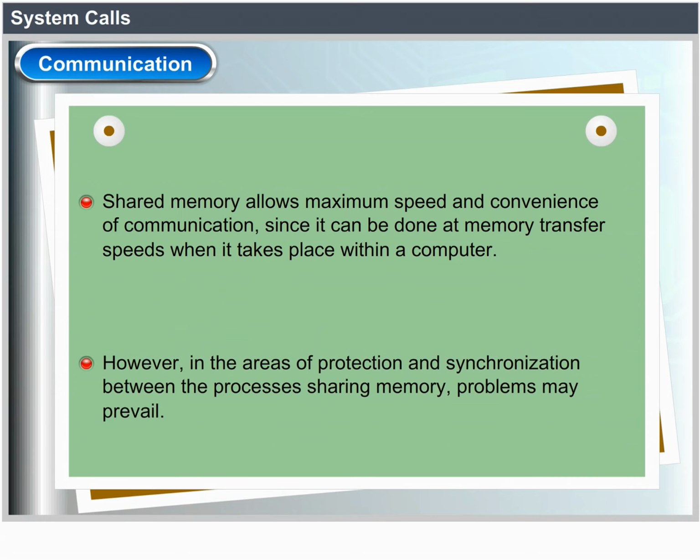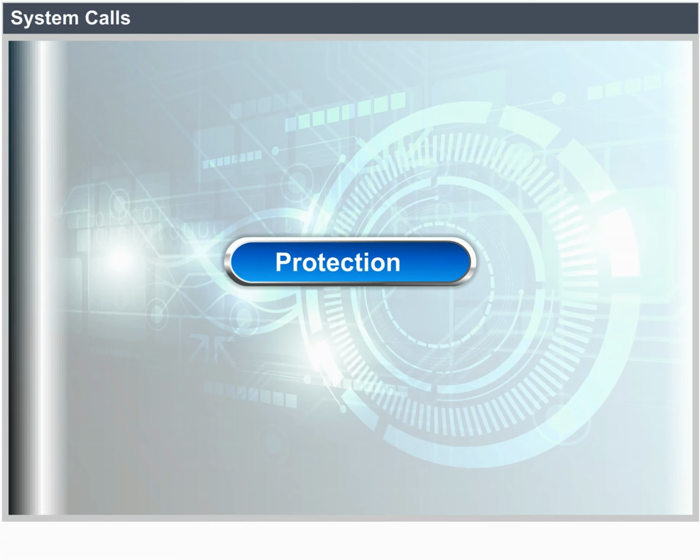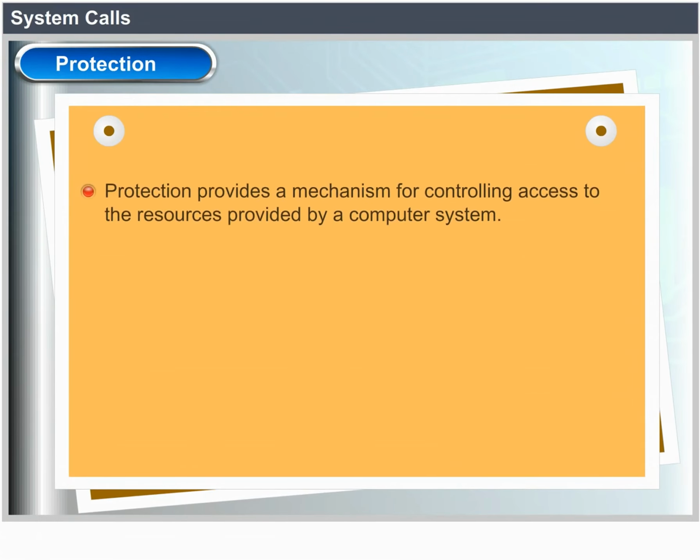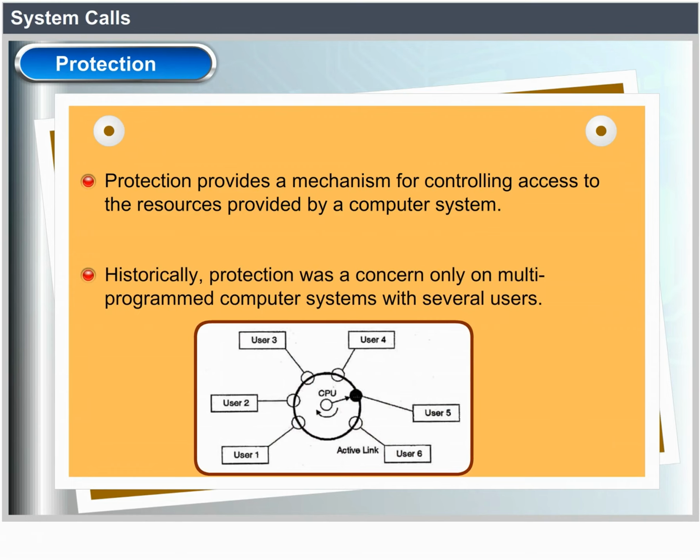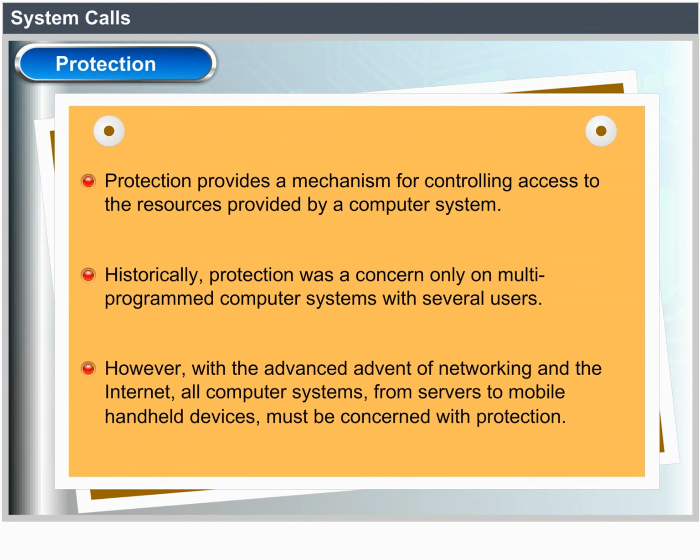Protection. Protection provides a mechanism for controlling access to the resources provided by a computer system. Historically, protection was a concern only on multi-programmed computer systems with several users. However, with the advent of networking and the Internet, all computer systems, from servers to mobile handheld devices, must be concerned with protection.